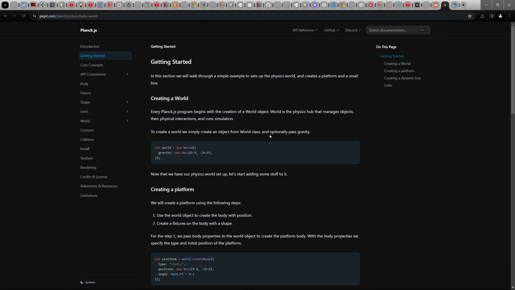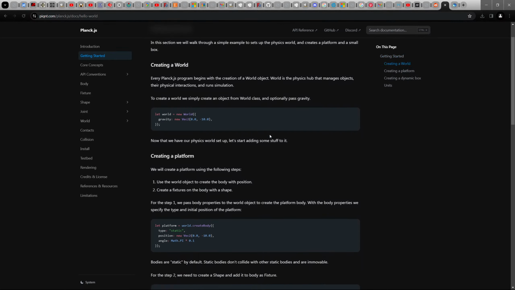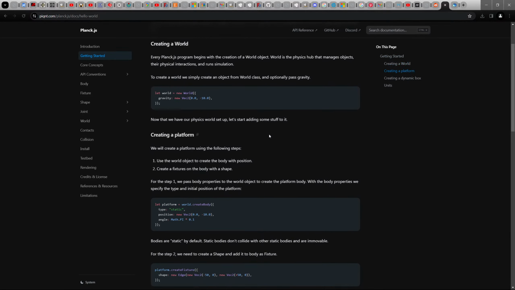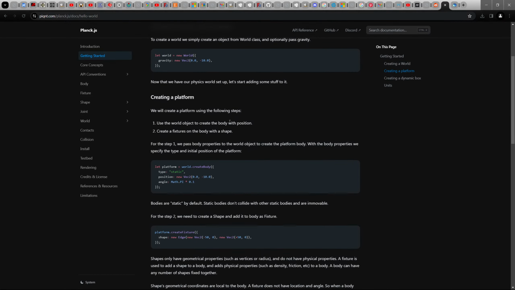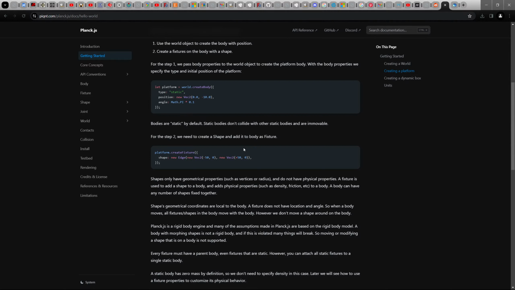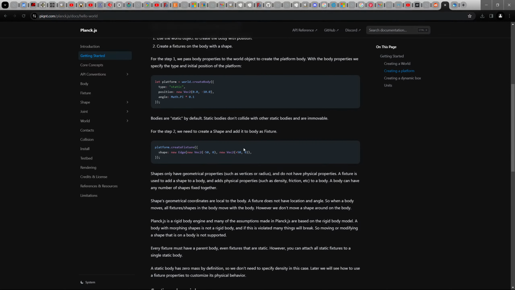Simple example. World object. Create a platform. Static, no collide, and are immovable.